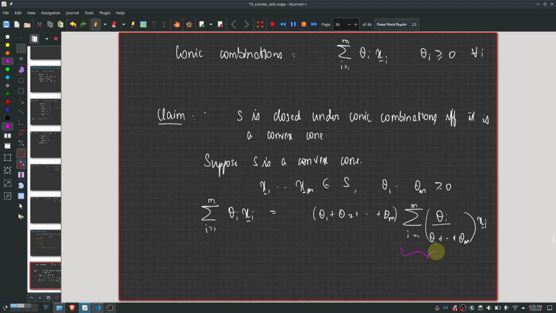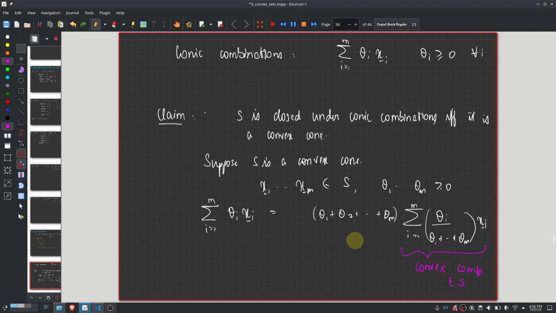What can you say about this? What kind of a combination of xi is this? It's a convex combination of x1 through xm, right? So this is a convex combination, and therefore it lies inside S. But then what am I doing?